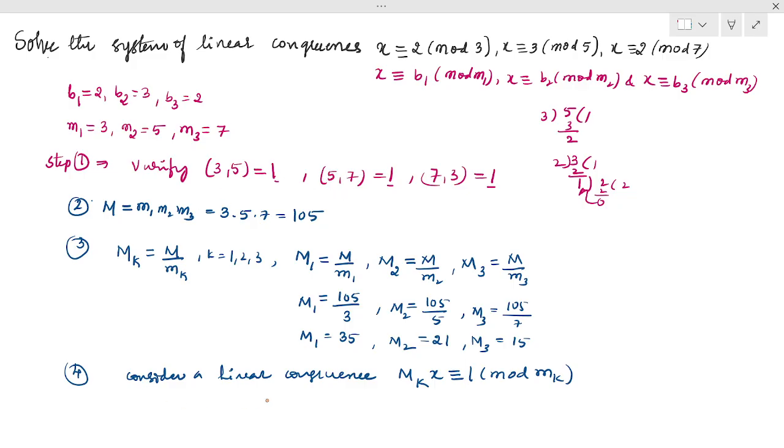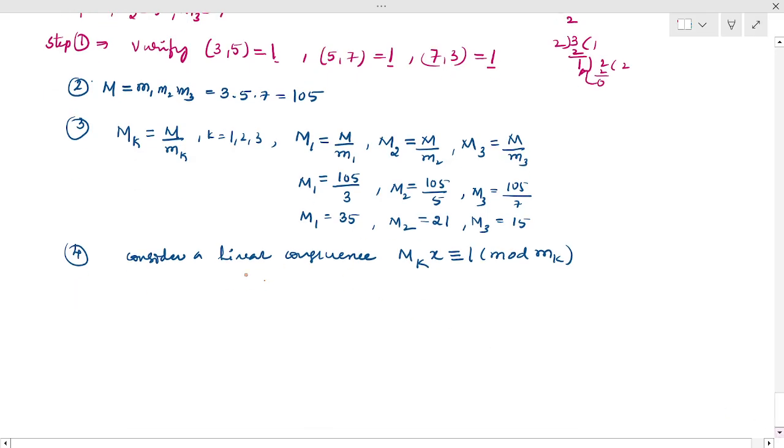Now you can write three congruences by substitution of k is equal to 1, 2, 3.